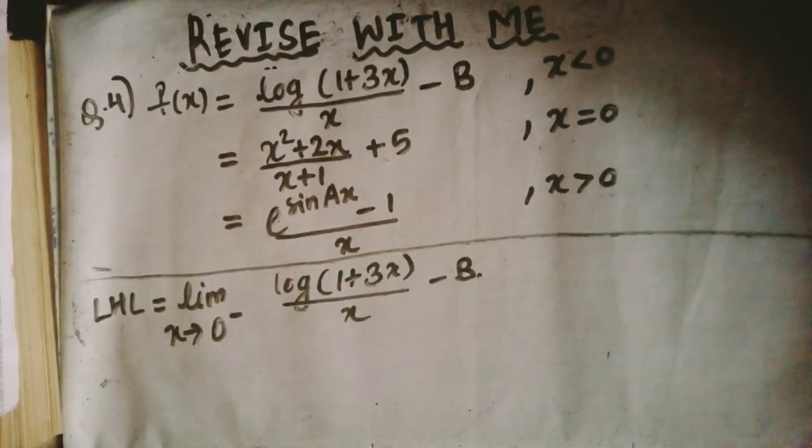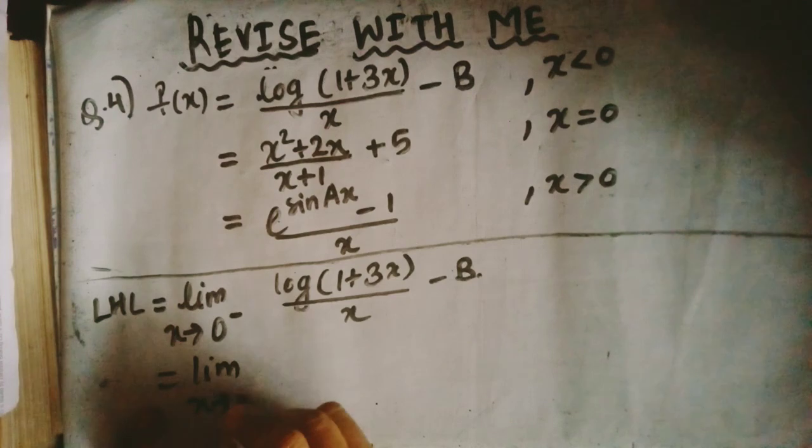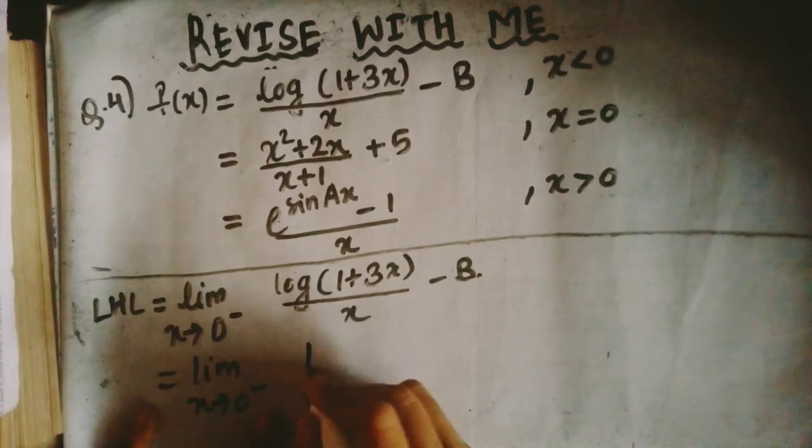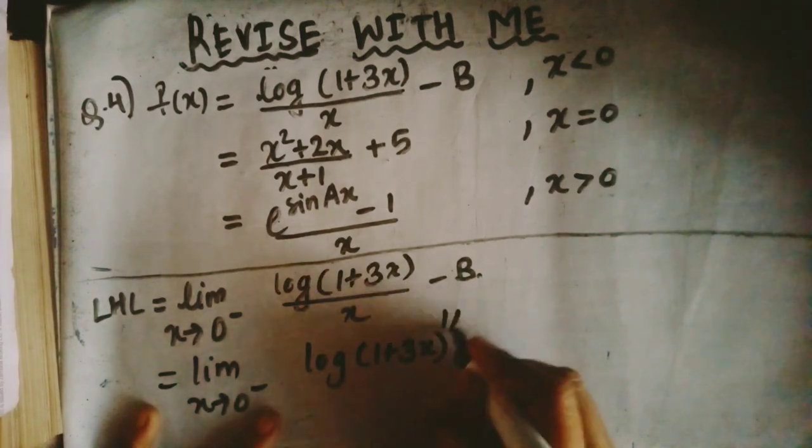This is of the form log 1 plus kx upon x, which we can write as limit as x tending to 0 minus log of 1 plus 3x raised to 1 by x.